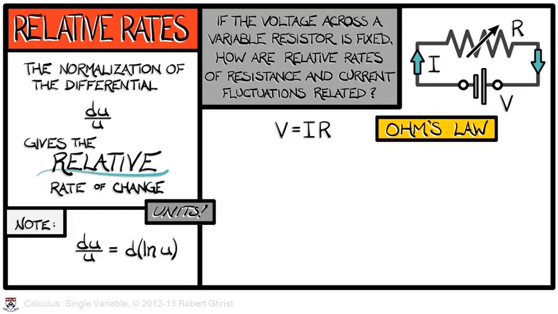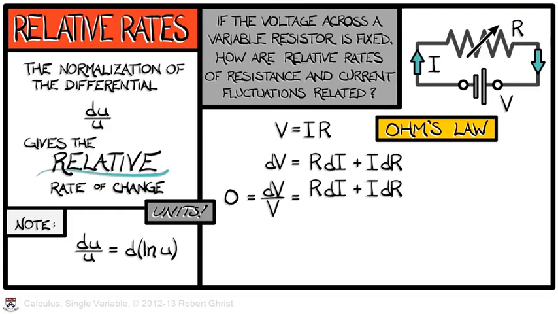That is, V equals I times R. Now, if we differentiate both sides of this equation, we get dV equals R dI plus I dR. And now, to compute the relative rate of change, we look at dV over V. That must be 0, since the voltage is fixed. So, dividing the right-hand side by V gives us what?